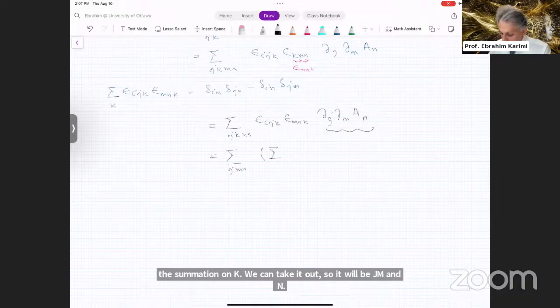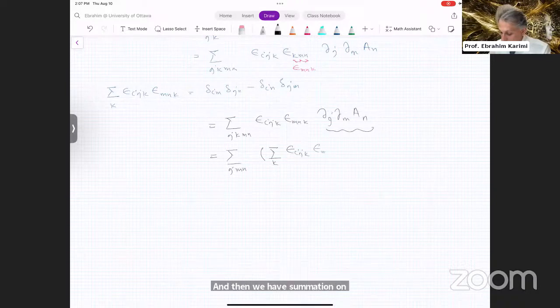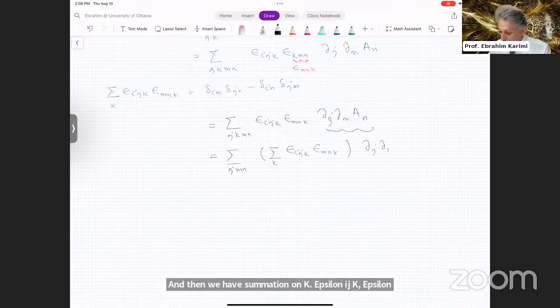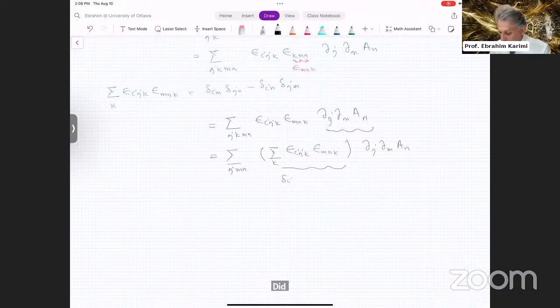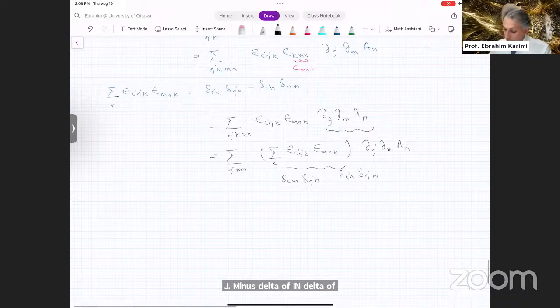And then we have summation on k, epsilon i j k, epsilon m n k, derivative of j, derivative of m, a n, and that is equal to delta of i m, delta of j n, minus delta of i n, delta of j m.